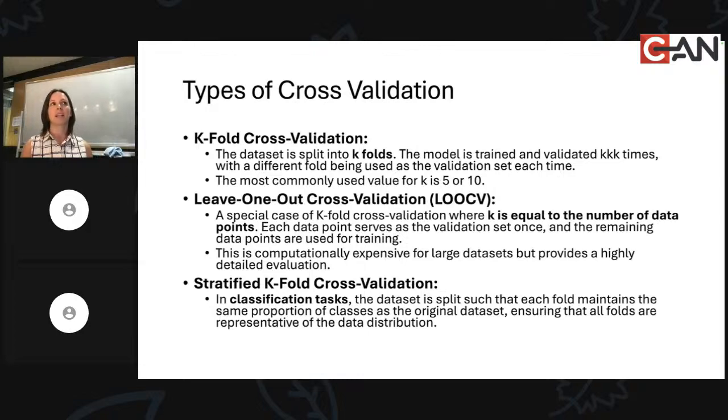If you have enough data, k equals 5 is probably the most commonly used value. 7 is another very reasonable one if you have a lot of data. I personally have not really used 10 because you've got to be working for a really big company or working on a really large data set to split into 10 and still get a good performance metric out of that. But 3, 5, 7, 10.